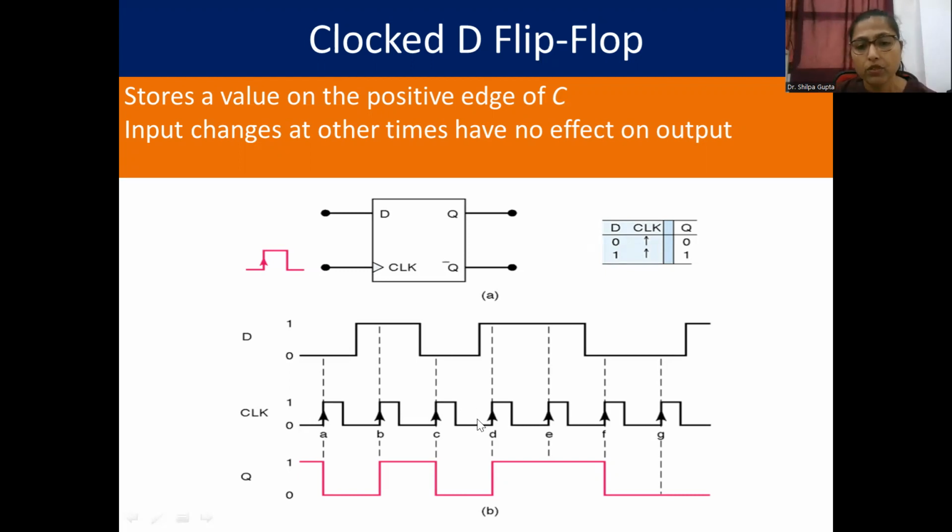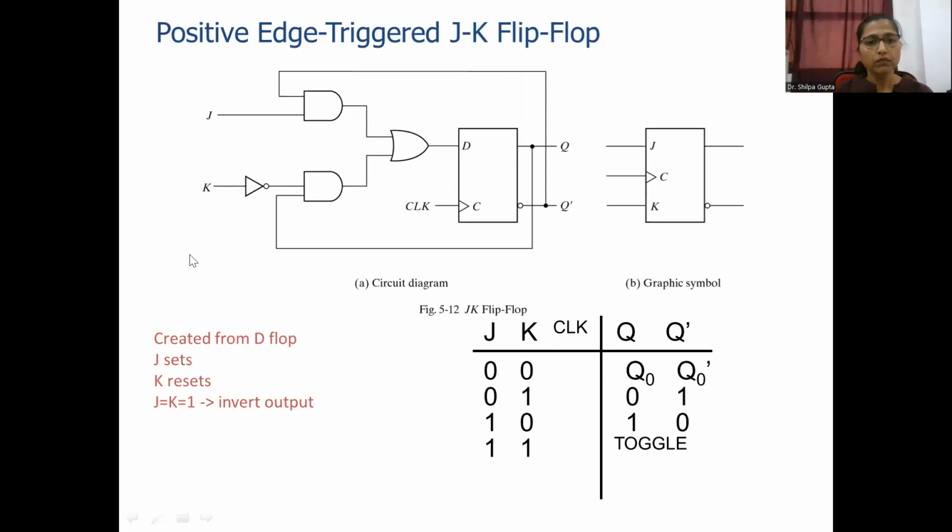The next positive edge is here. The input is 1, so immediately at this edge, output becomes 1. At this edge, input is 1, and already it was 1, so no change would be there. At this edge, input is 0, so immediately at this edge, the output goes to 0. And that is how the flip-flop will operate.